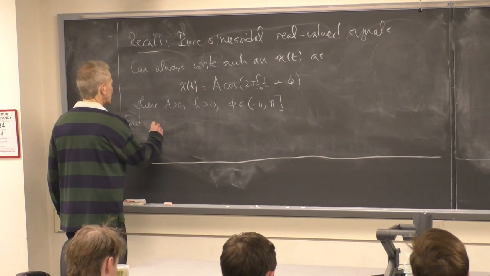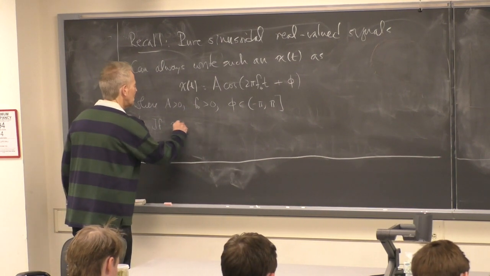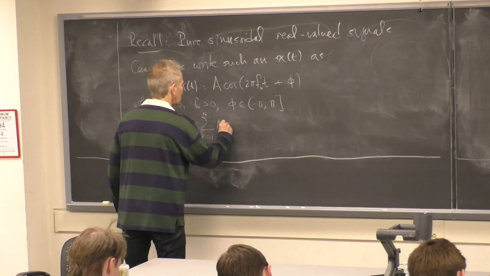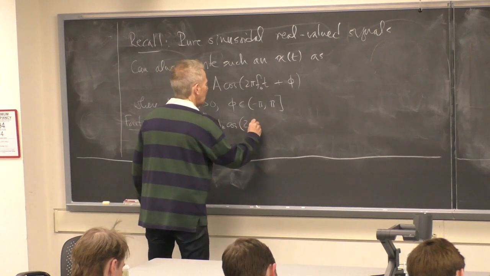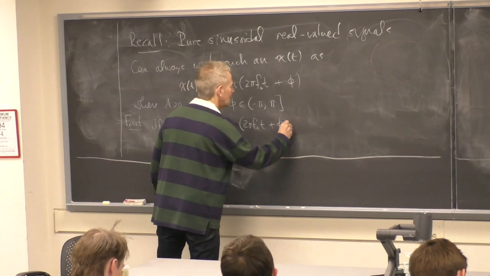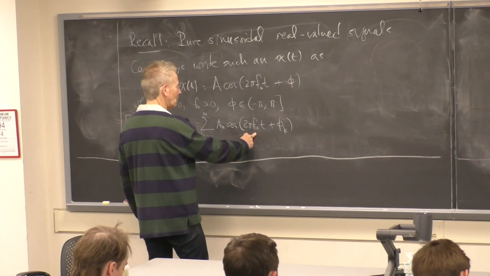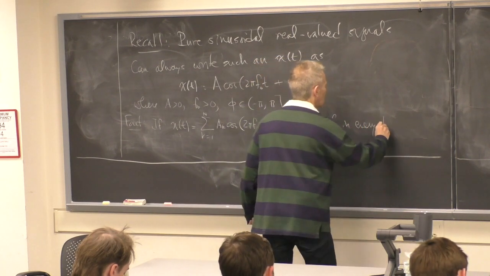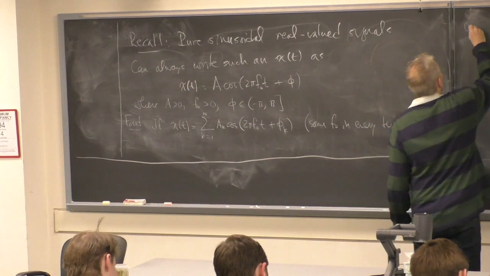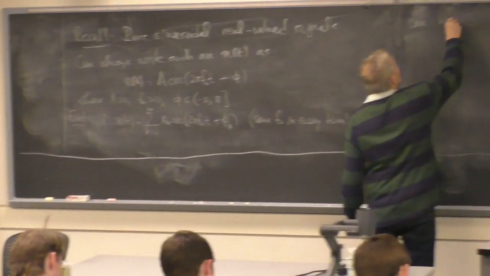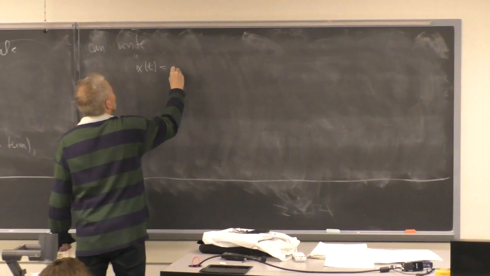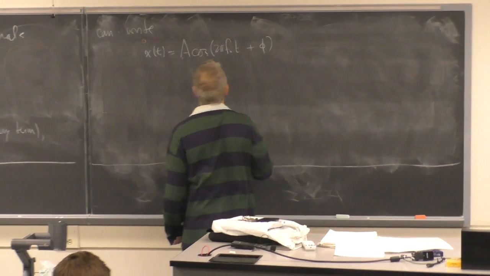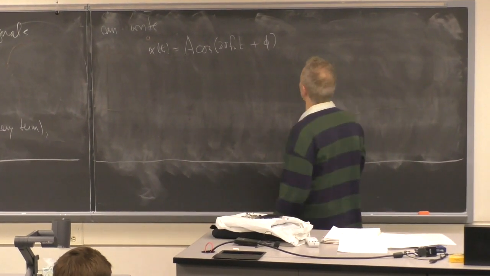So the fact is that if x of t is the sum from k equals 1 to n of ak cosine 2 pi f0t plus phi k, where f0 is the same for every term, you can rewrite x of t as some a cosine 2 pi f0t plus phi for some positive a and some phi in minus pi to pi.